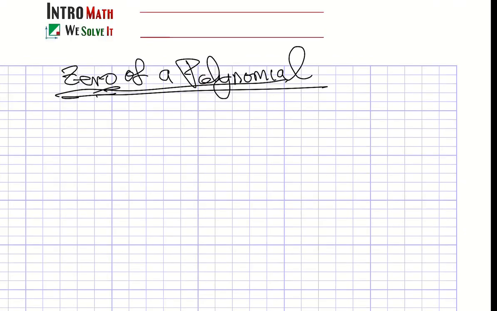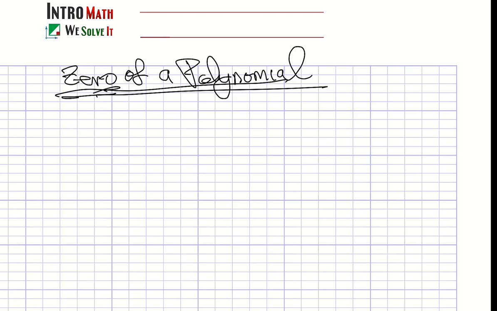Alright, so I almost forgot this. There's something called the zero of a polynomial. Do you remember when we did linear equations in 2 variables? A linear equation is like a polynomial in 2 variables. You remember when we drew the graph?